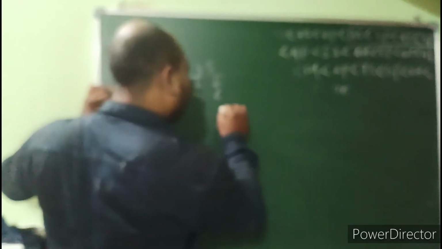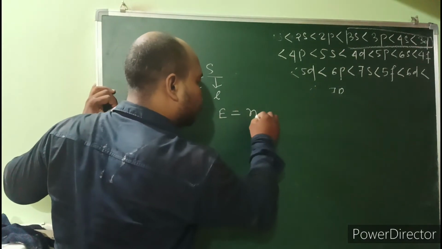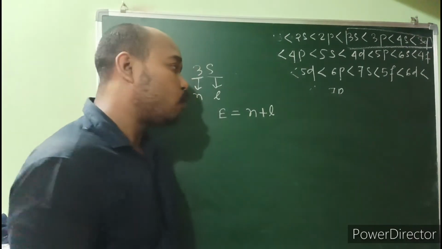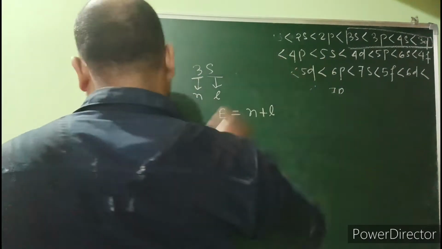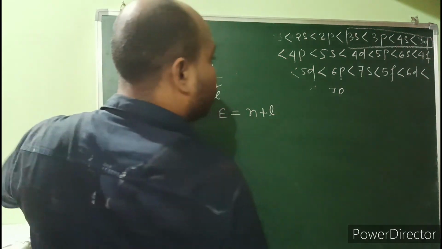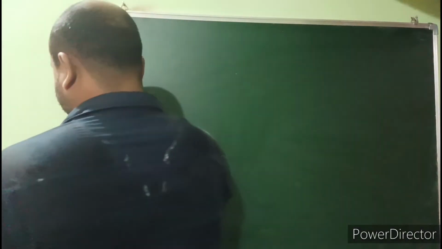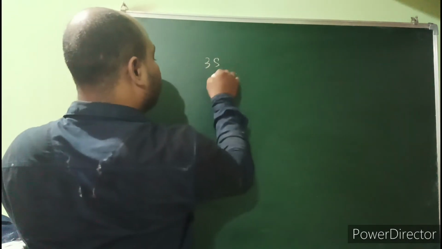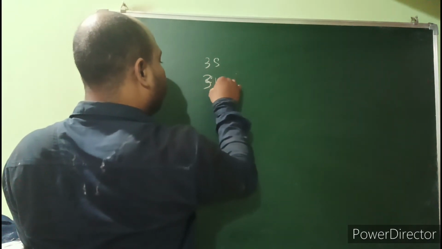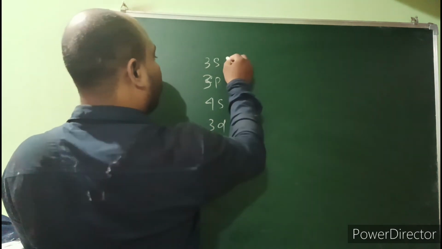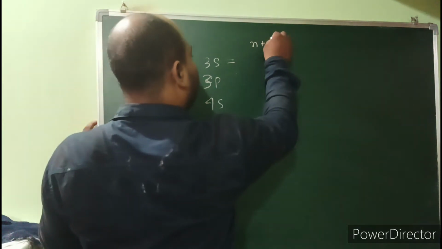The total energy is given by the sum of the principal quantum number and the azimuthal quantum number. Let us find the energy levels of these four orbitals: 3s, 3p, 4s, 3d.